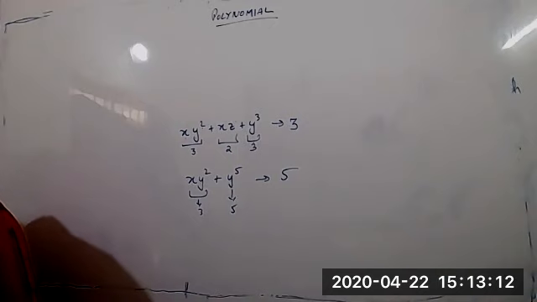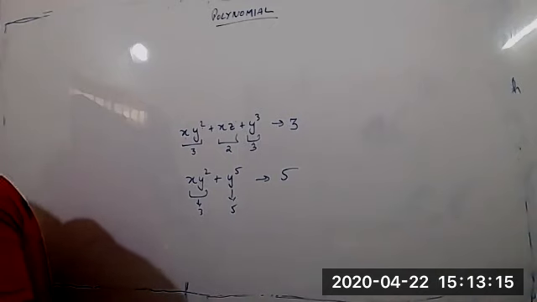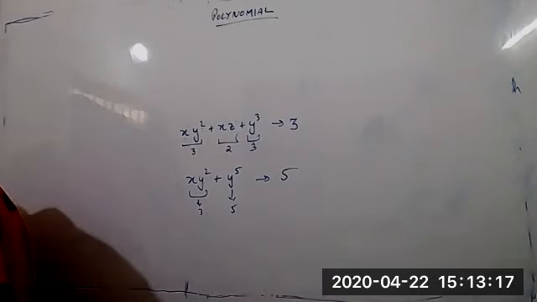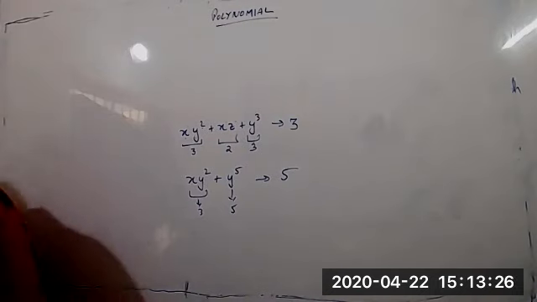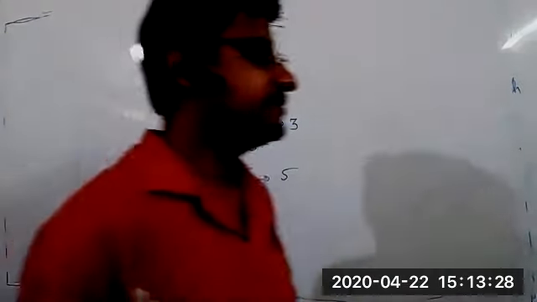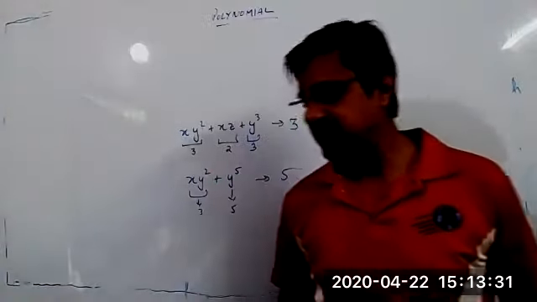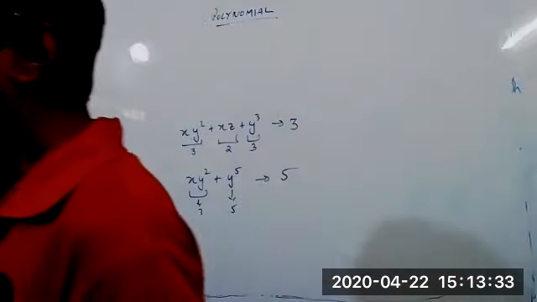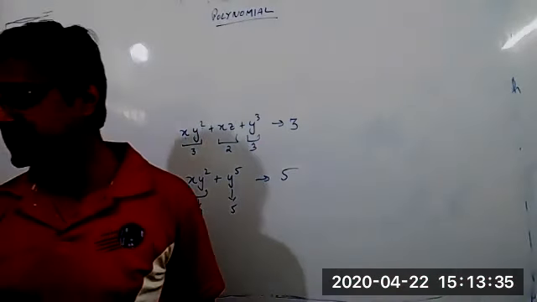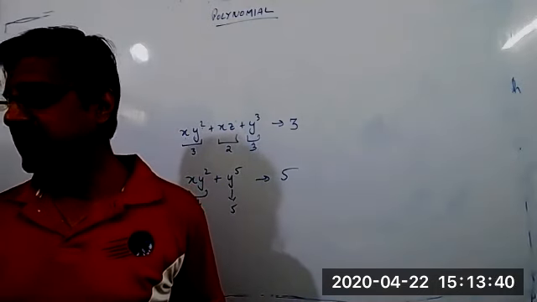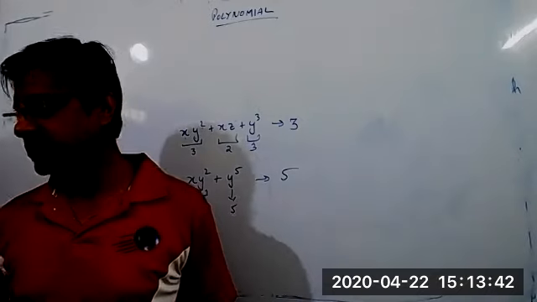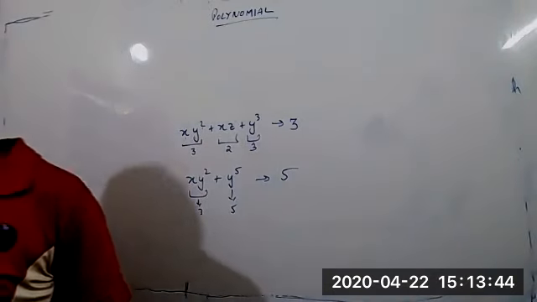A generic definition they have not given; with specific they have given for linear polynomial and all. Let me see any proper definition. I'll just frame it. You can say, in an algebraic expression, when you add the powers of variables for each term, the highest power which you get is the degree of that polynomial.